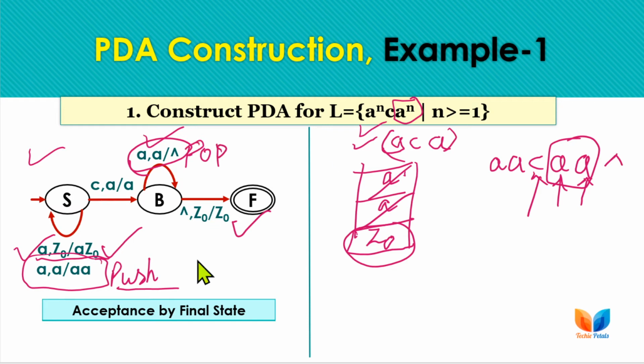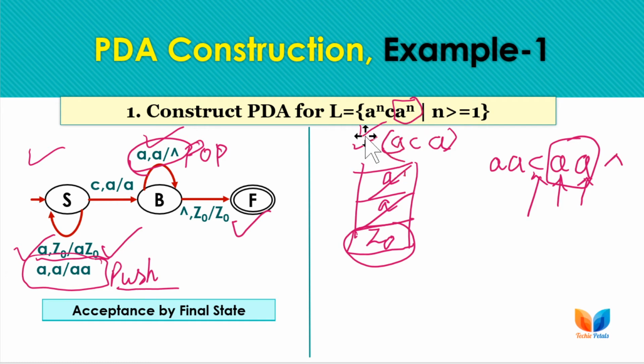Secondly, we are changing the state because we cannot mix push and pop operations for this case: once we start the push operation we do not do pop operations, and once we start the pop operation we will not require any push operation.